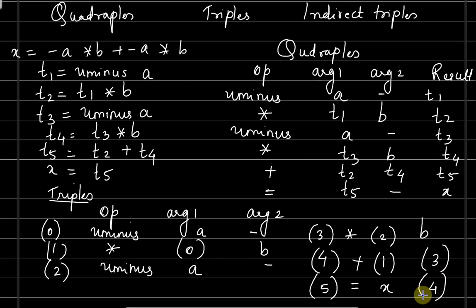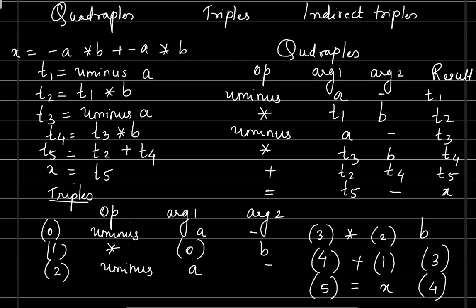When you write triples representation, please make a note that there is a difference between quadruples and triples. For quadruples, X is equal to T5, operator is equal to, argument 1 is T5 and the result is stored in X. Since result is not present here, we consider X as argument 1 and argument 2, that is T5, is computed at this point. So this reference is stored over here.